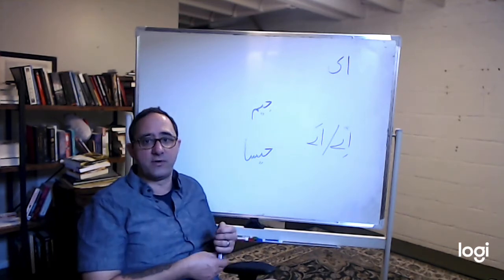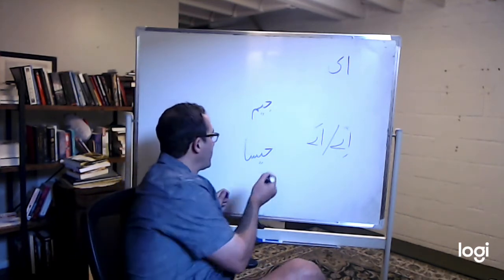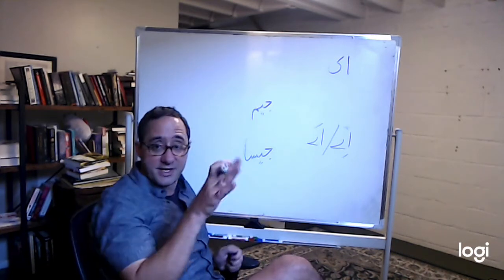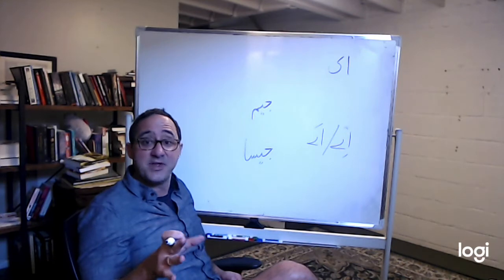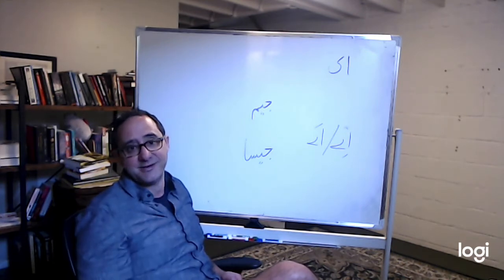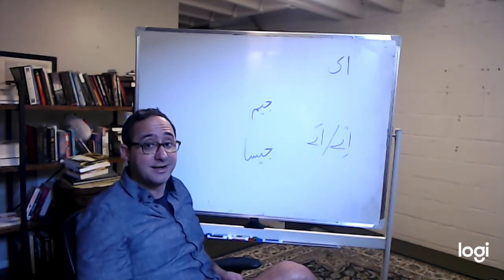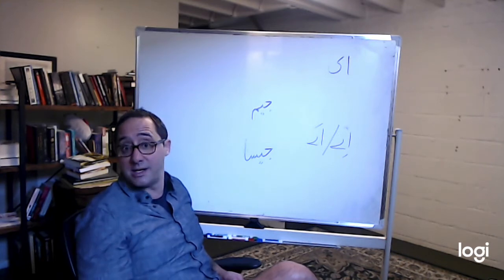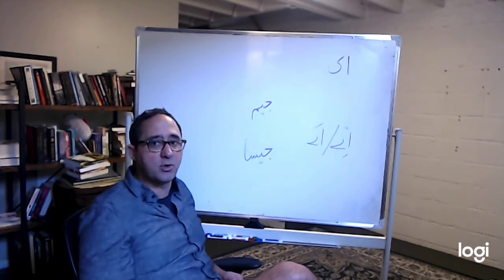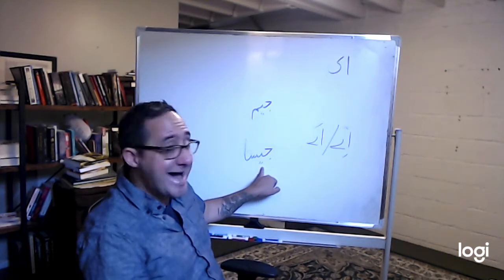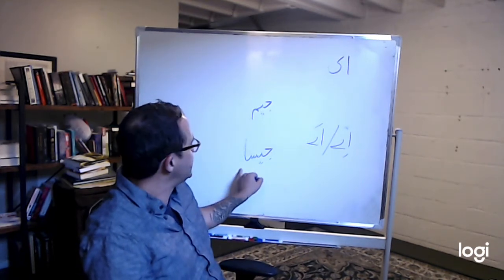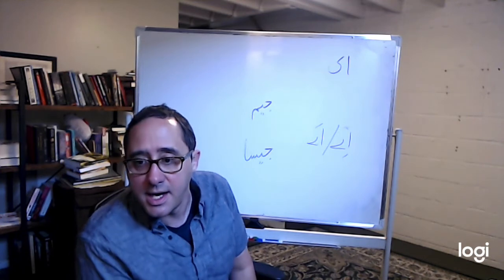It's the conditional form of it. So extra for you linguistic nerds out there. If you want to start a question, it usually starts with K. Kya, kahan, kab, when, kab. K usually starts a question word. Okay, jaisa. So that's the ai, and then sa, jaisa.